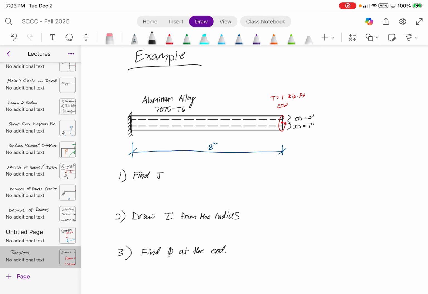You got J? What'd you do? I first found the J both ways, and I just subtracted. Nice. That's good. You're supposed to use both. Think of it like if you were trying to calculate an area, you would subtract the outside minus the inside, right?